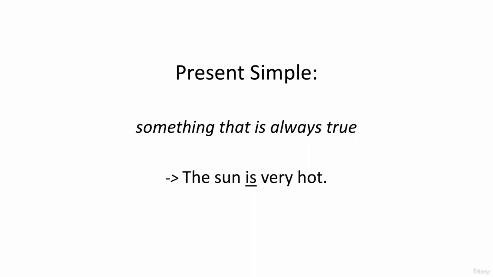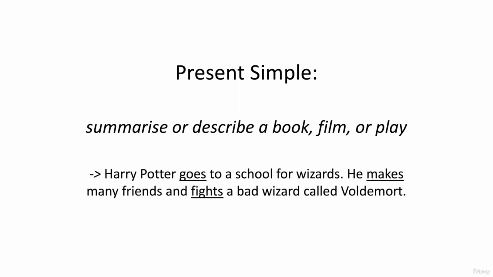This sentence indicates that the subject he has been living in Paris and is in Paris now. We use the present simple tense to talk about something that is always true. The sun is very hot. We can also use the present simple to summarize or describe a book, film, or play.